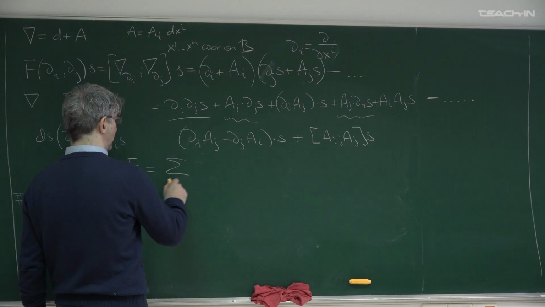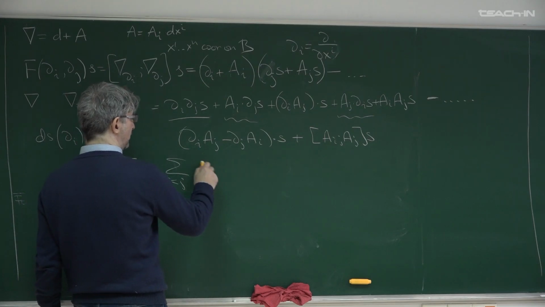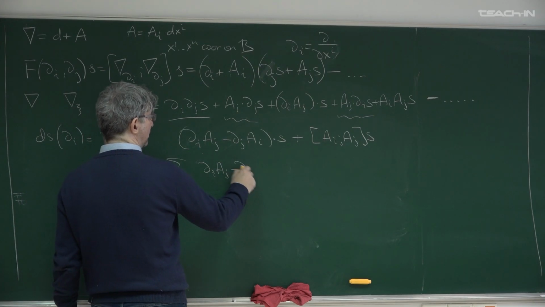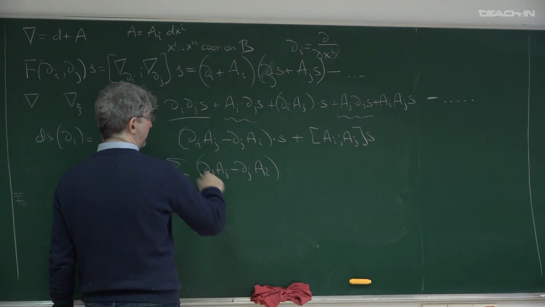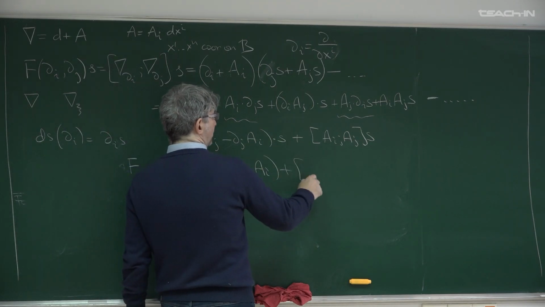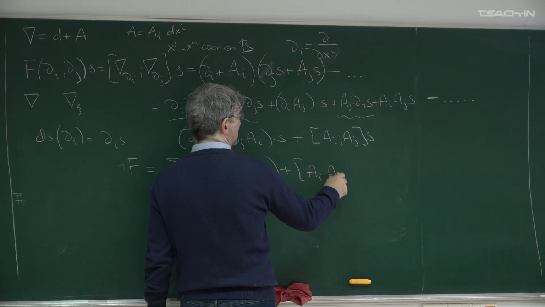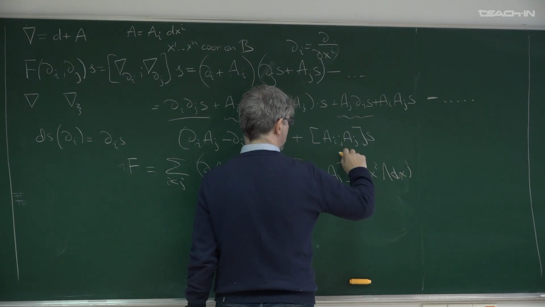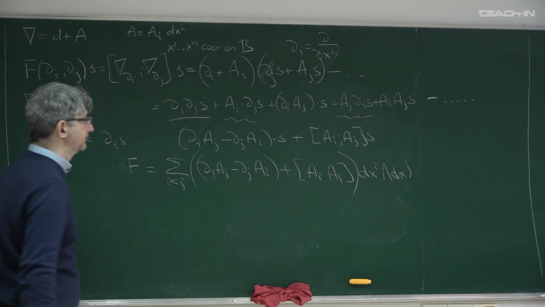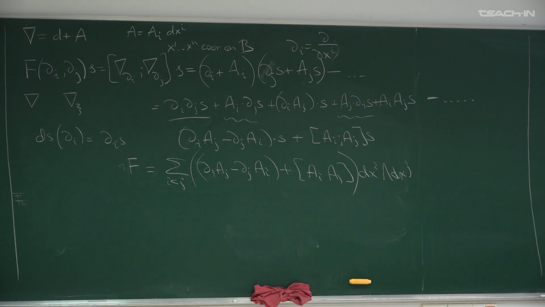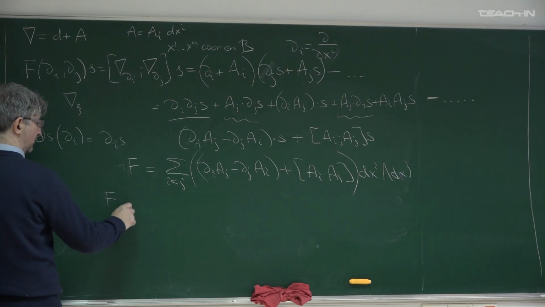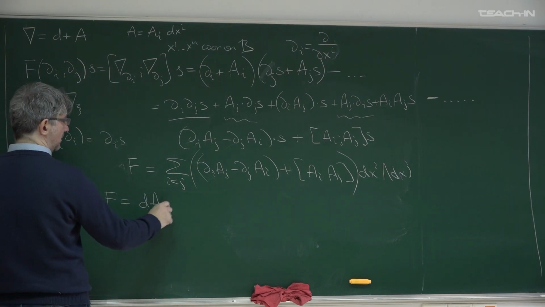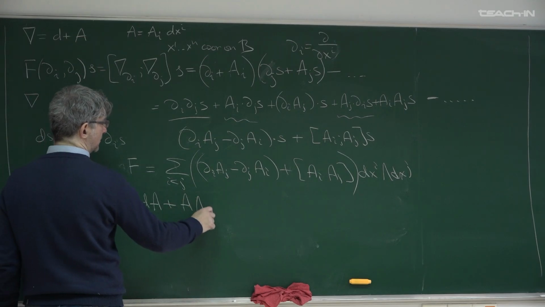And we write the sum over i smaller than j of d_i A_j minus d_j A_i plus A_i A_j, and here we add dx^i dx^j. Okay? People write this formula in some other way. I will write here. People write it as this expression dA plus A wedge A.